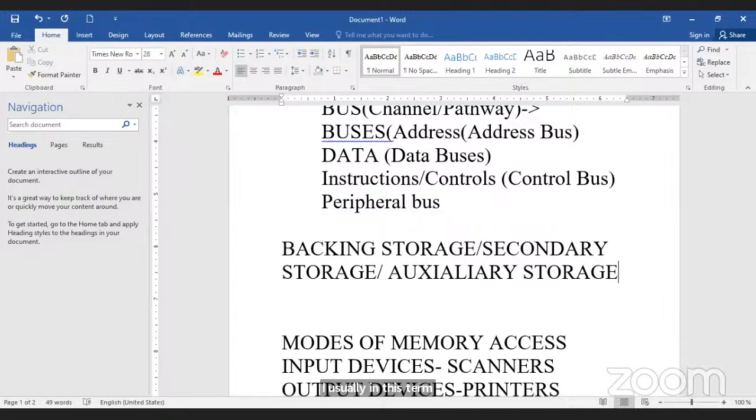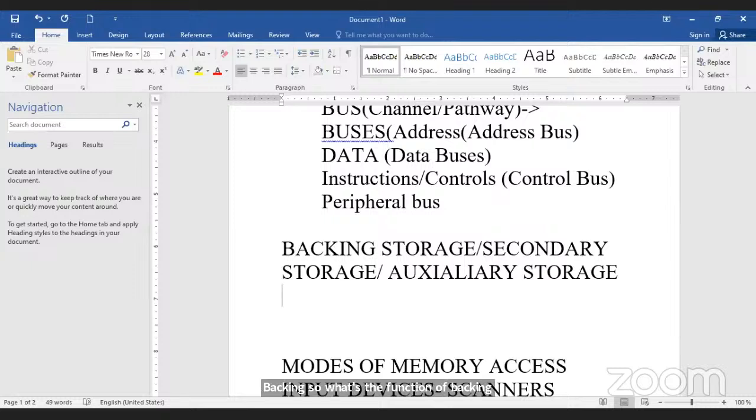When you install a software, it resides in the backing storage, or is saved in the secondary storage, so that when you shut down your computer or your phone and power on again, you see your applications are still there. It means they are saved somewhere permanently. So that's the function of backing storage.